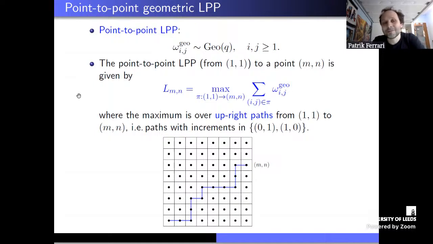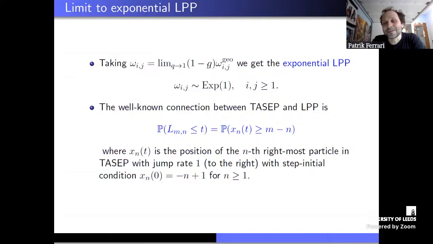There is nothing about dynamics at this point. But if you take the limit when q goes to 1 of the random variable and you multiply by 1 minus q, this random variable becomes very large, because the average is 1 over 1 minus q.